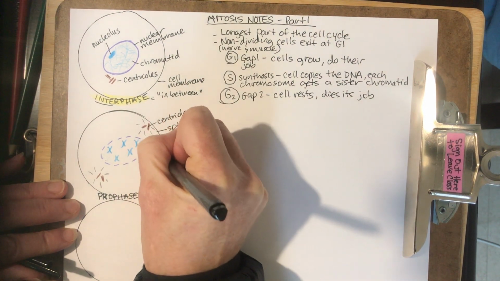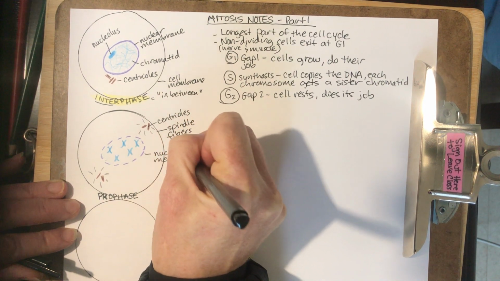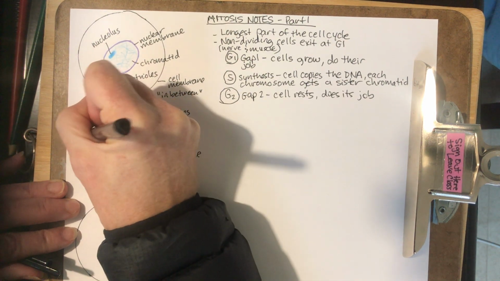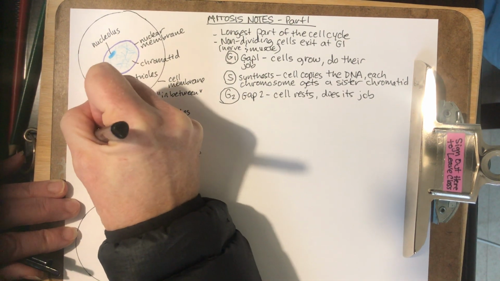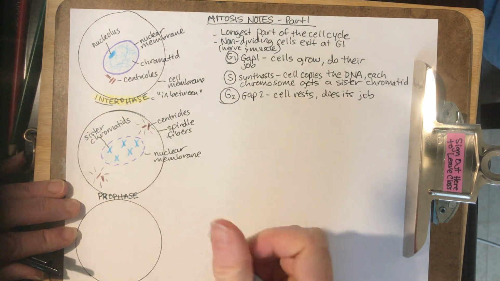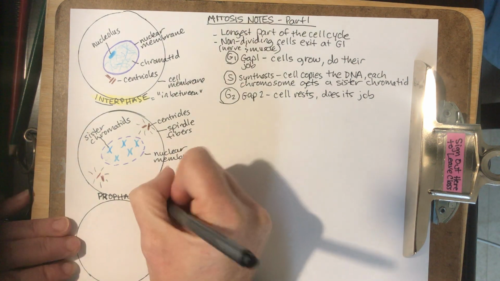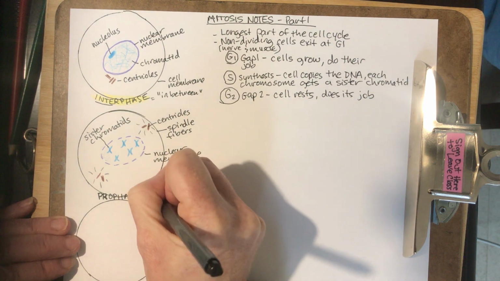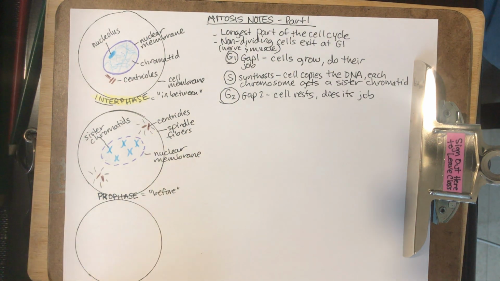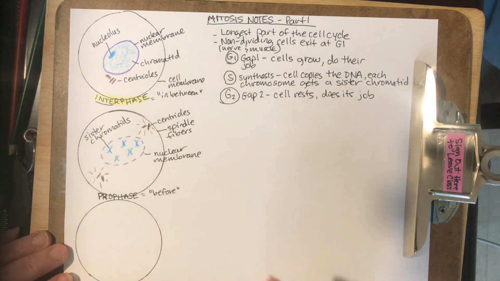So here's our nuclear membrane. Here are our condensed sister chromatids. And I think that's all we really need to label on that one. Let's put before or early. So it's before division has actually happened. It's kind of that first step in the nucleus dividing.